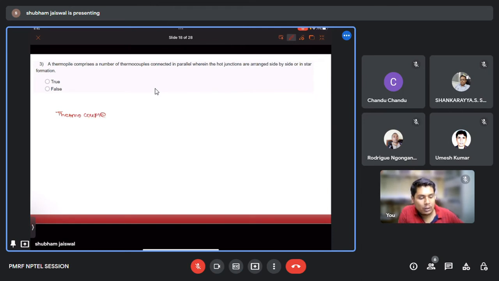If you use more thermocouples in series, then it is known as a thermopile, and the hot junctions are either arranged side by side or in star formation.